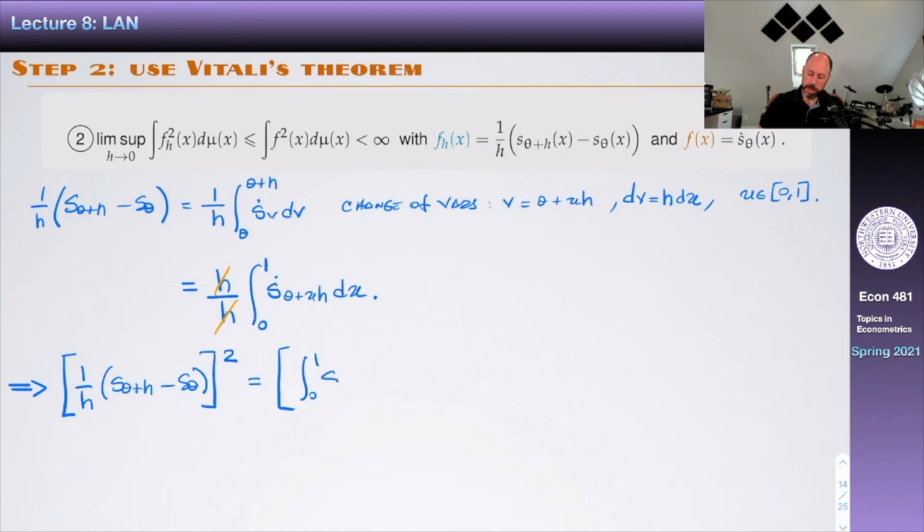So it's going to be the integral of s dot theta plus uh du, squared. This is less than or equal to the integral from 0 to 1 of s dot square theta plus uh du, where here I'm using Jensen's inequality.